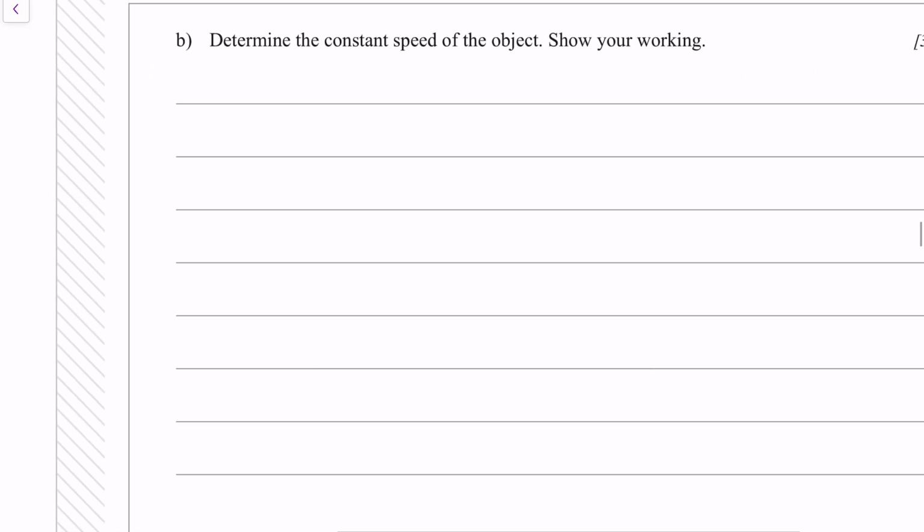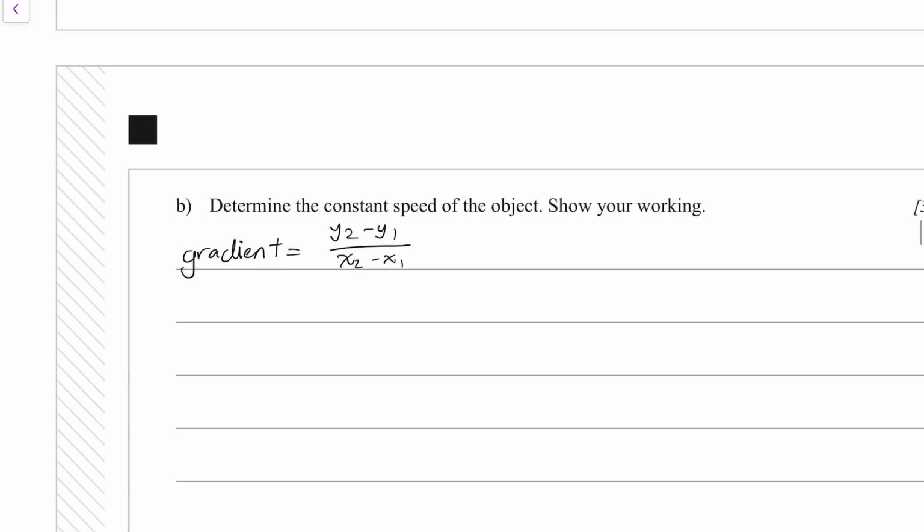Okay, so we need to write gradient. Okay, be very clear on what you're calculating. Don't say m, lowercase m. Okay, that's used a lot in maths, but in physics you need to be very clear because it's part of the marking scheme. y2 minus y1 over x2 minus x1.